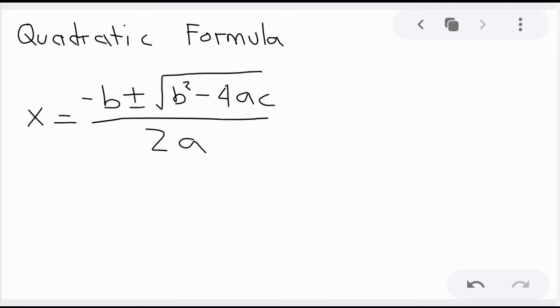Again, x equals negative b plus or minus radical sign b squared minus 4ac all over 2a.